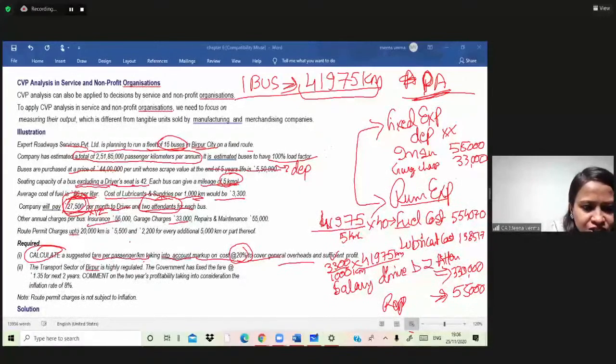Route permit charges are 5,500 for 20 kilometers, and then for every additional 5,000 you have to pay 2,200.